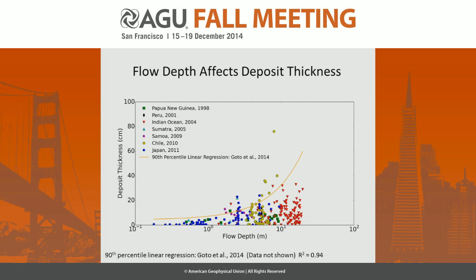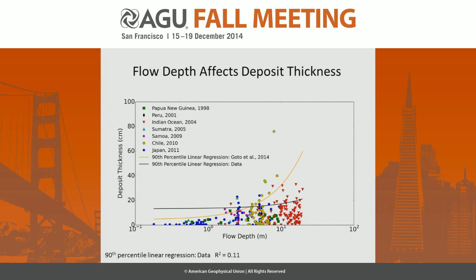And that relationship is plotted in this orange line on the figure. And they attributed this to a maximum envelope for tsunami deposit thickness, which means they saw an upper limit to deposit thickness that was controlled by the height of the water column and the concentration of suspended sediment in the water column.